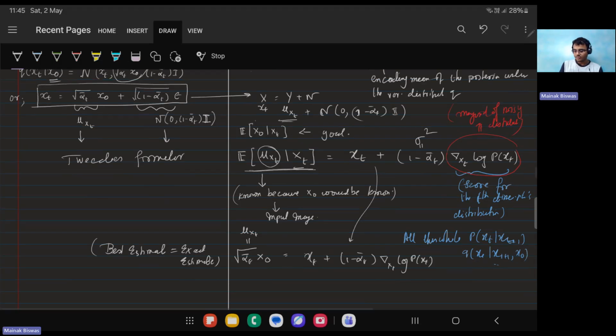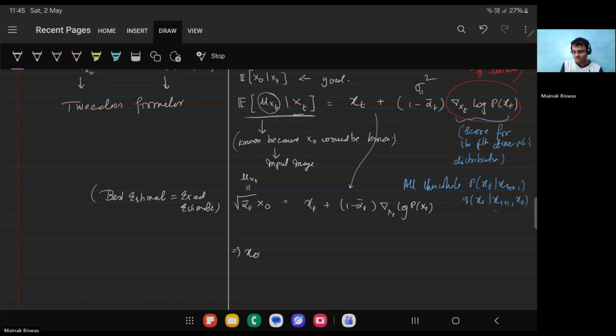So now I'll get an equation for x0 as 1 by root alpha t bar, into xt plus 1 minus alpha t bar, and I'll have the gradient of xt log of p of xt, right?